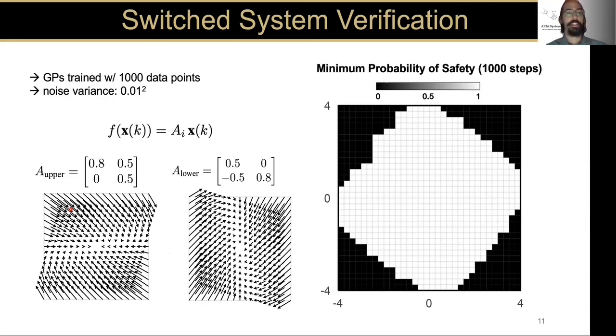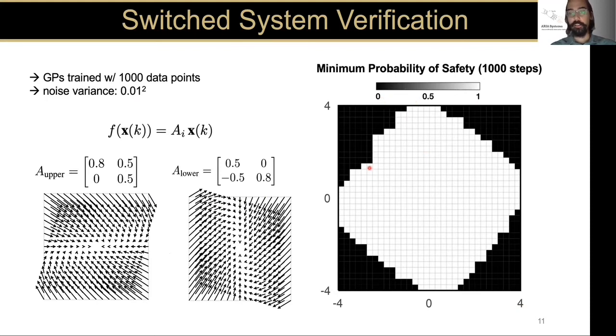The first is just a 2 control mode switched system represented by these upper diagonal and lower diagonal matrices. I trained GPs with 1,000 data points and relatively low noise, and we get on the right a minimum probability of safety. That is, for this safe set given by this 4x4 square, initial discrete states are classified with a certain minimum probability of safety.